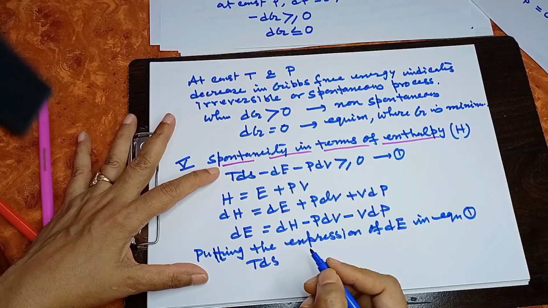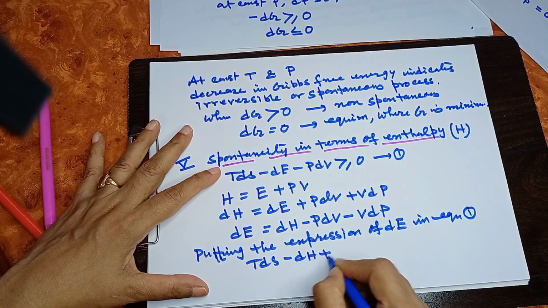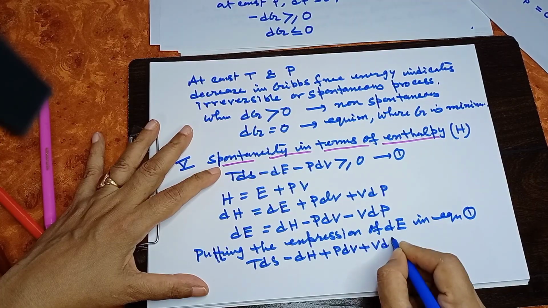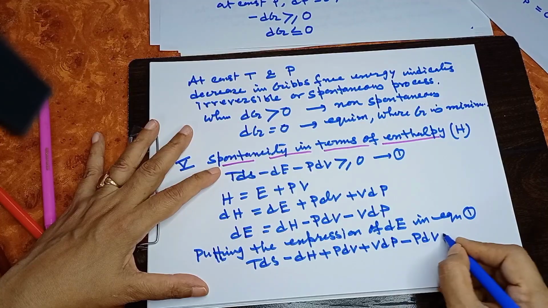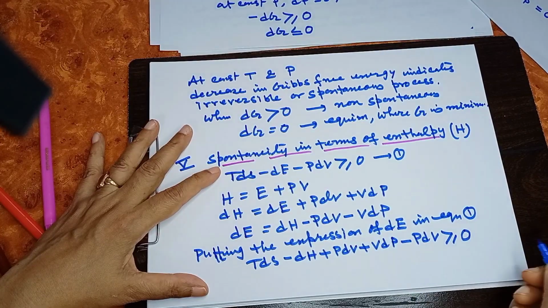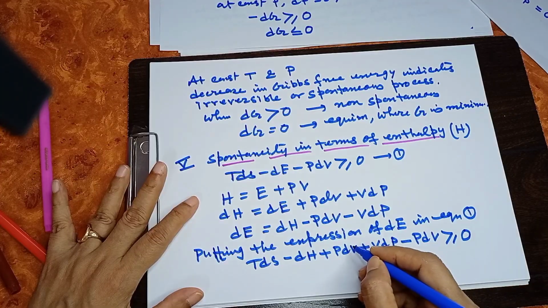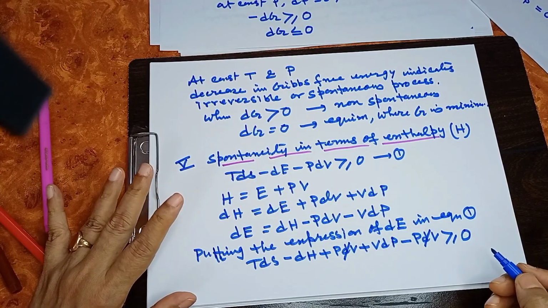TdS minus dH plus PdV plus VdP minus PdV greater than or equal to 0. So look here, PdV and PdV cancel.